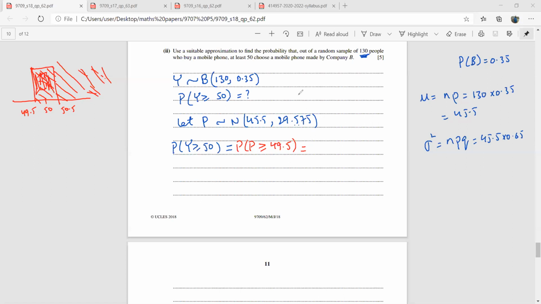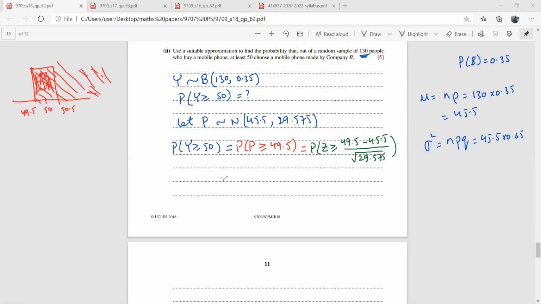Now we'll be standardizing this. When we standardize, this becomes probability Z is greater than or equal to 49.5 minus the mean, which is 45.5, over the standard deviation, that is the square root of 29.575.